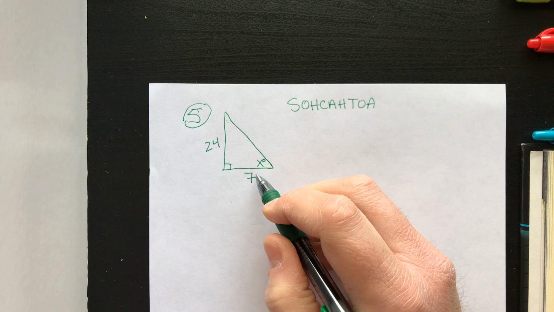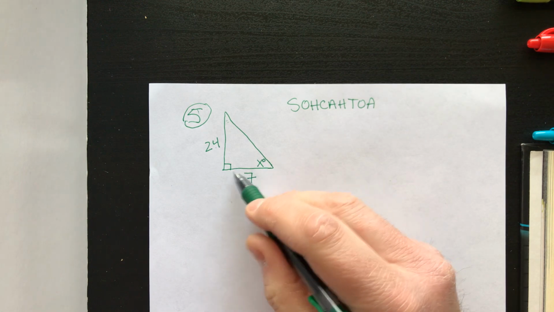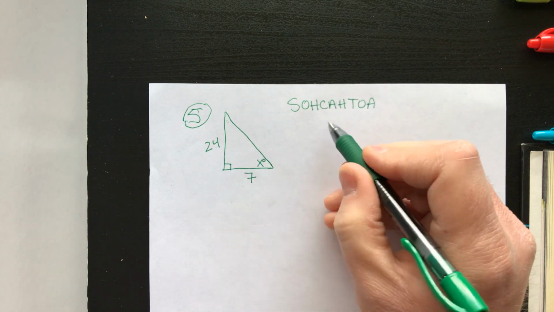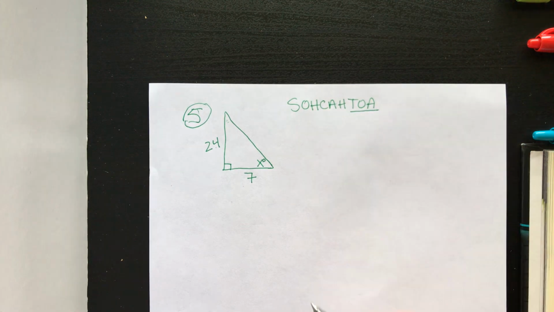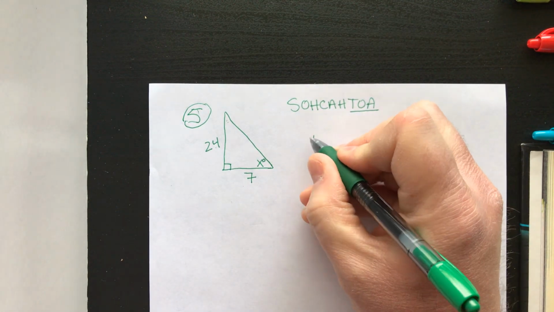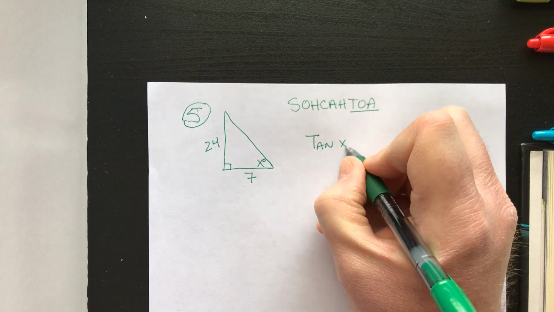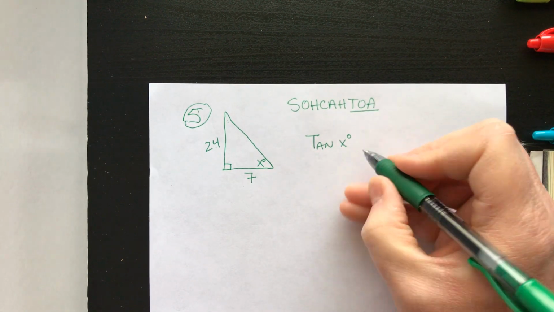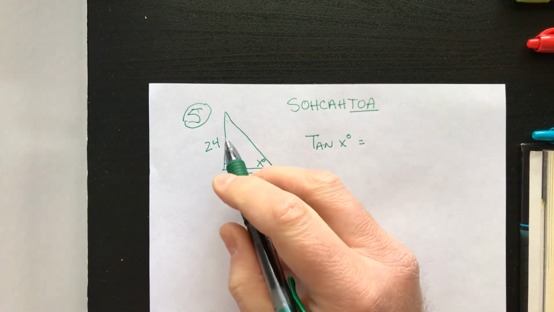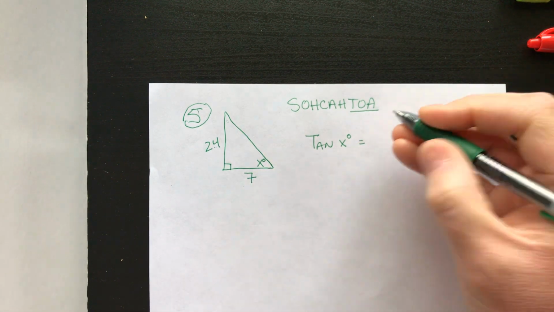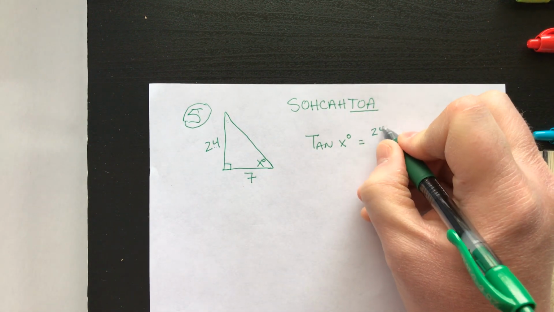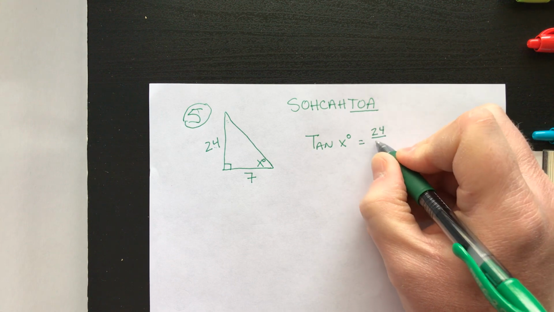What side lengths were I given? Adjacent and opposite. So adjacent and opposite uses tangent. So tangent of x degrees is equal to opposite over adjacent, 24 over 7.